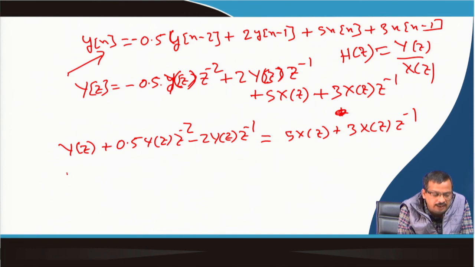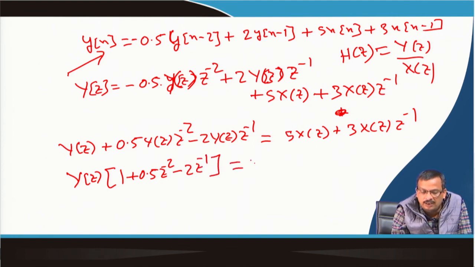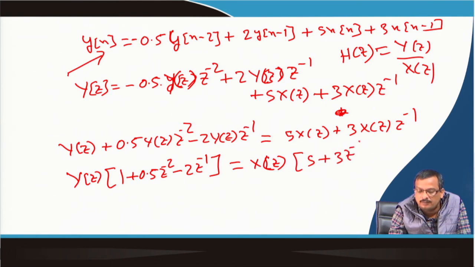Now, I take Y(z) common. So, that is nothing but 1 plus 0.5 z to the power minus 2 minus 2 z to the power minus 1 is equal to X(z) times 5 plus 3 z to the power minus 1.